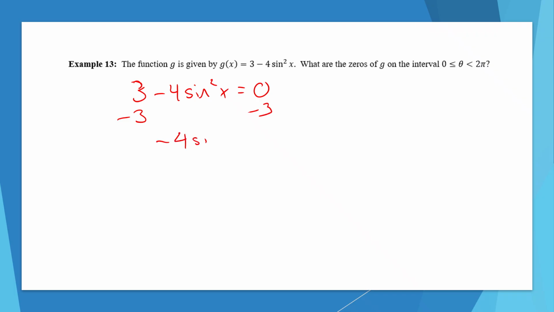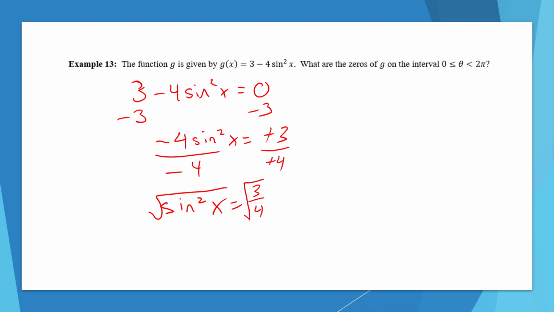So negative 4 sine squared x equals negative 3, and then divide both sides by negative 4 to get sine squared x equals, the negatives will cancel out, 3 over 4, and then take the square root of both sides to get sine of x equals plus or minus square root 3 over 2.